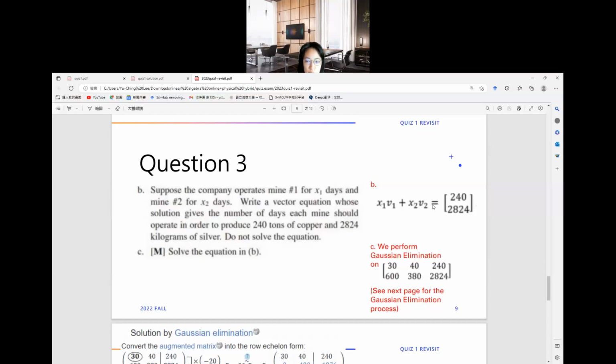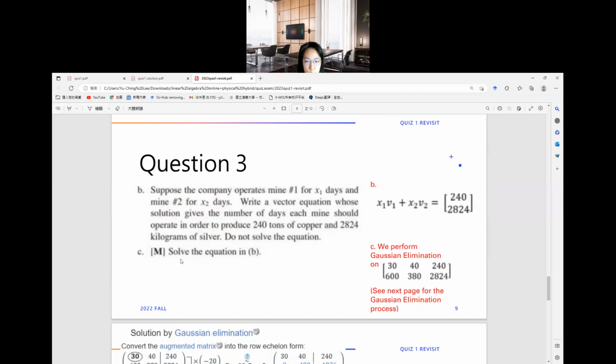So this expression should be equivalent to a two-element vector with 240 put here and 2,824 put here. This question wants us to leave this expression without solving the equation. So we just need to write down this expression for question B.